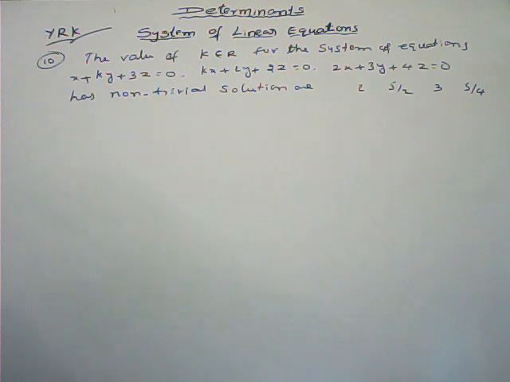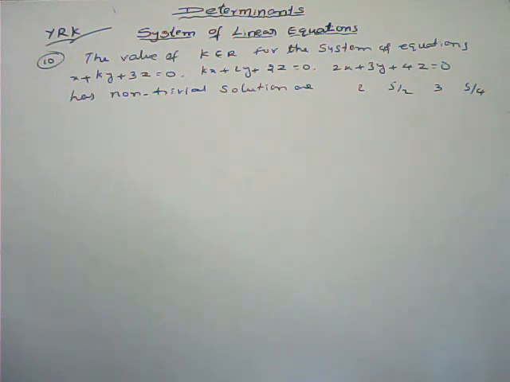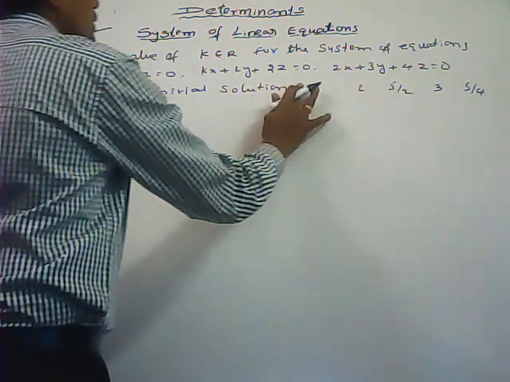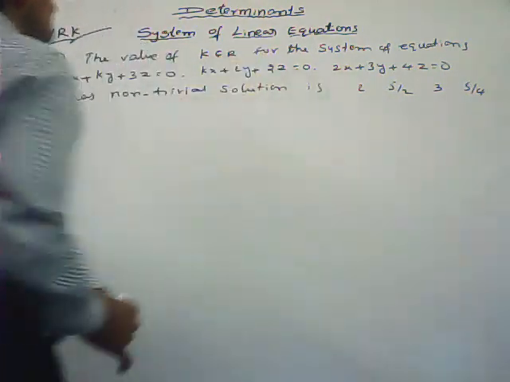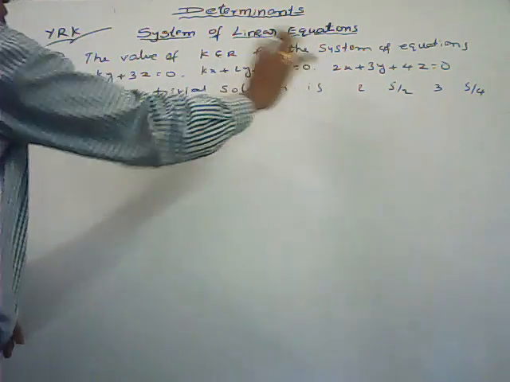Next one. The value of k belongs to R for the system of equations x plus ky plus 3z equals 0, kx plus 2y plus 2z equals 0, 2x plus 3y plus 4z equals 0 has a non-trivial solution is. Here non-trivial solution, here only for homogeneous, everywhere the constant term is 0.